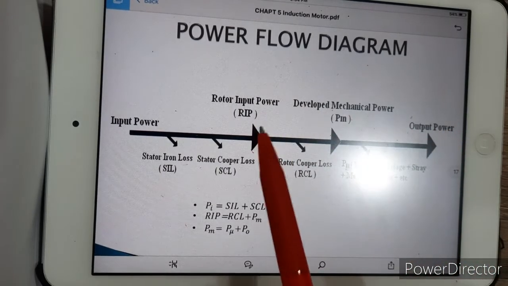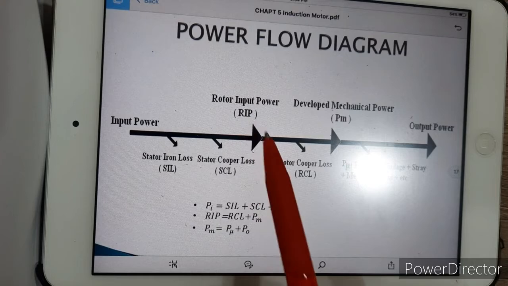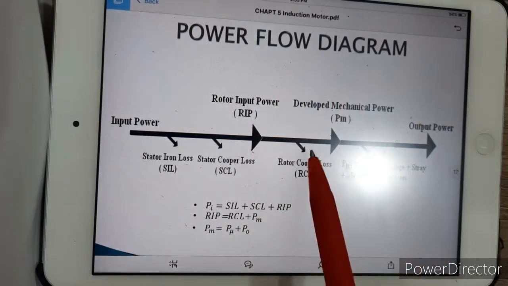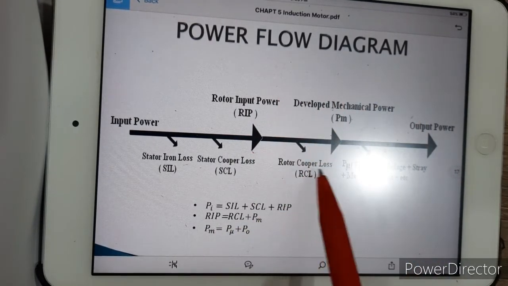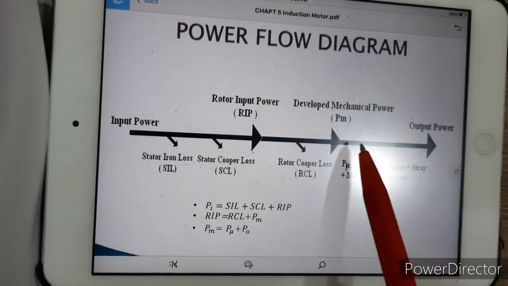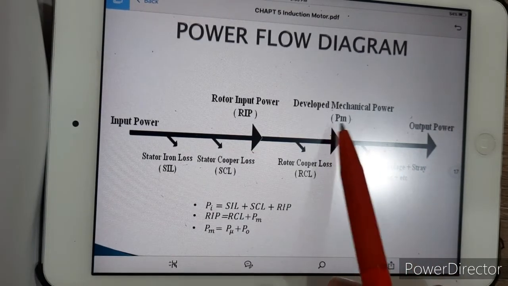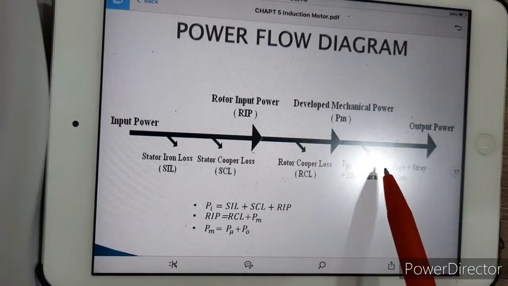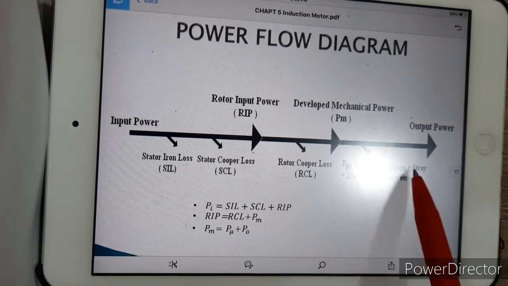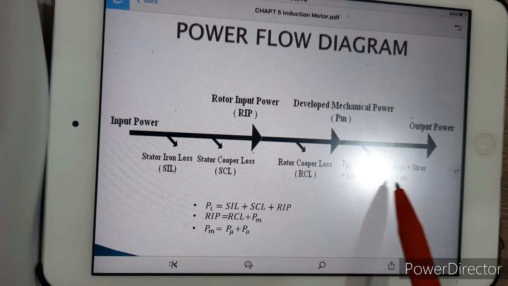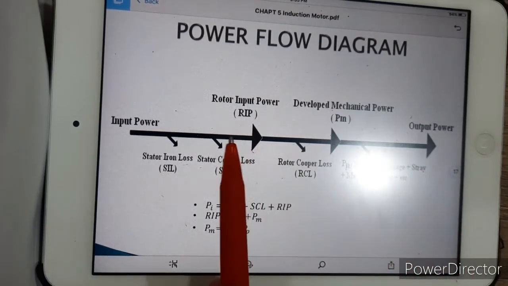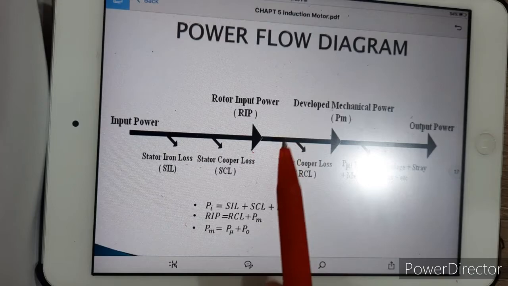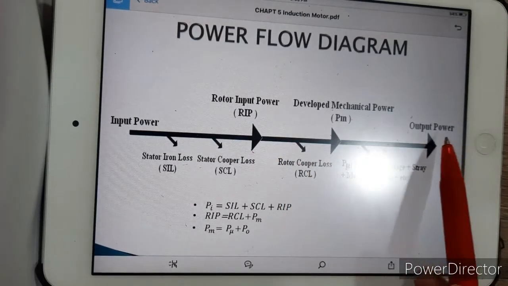This is the rotor input power. For this side is the rotor copper loss RCL, and then this is the developed mechanical power, which is PM, and then PMU, which is the mechanical losses. So this is the stator part, rotor part, mechanical part, and then output power.